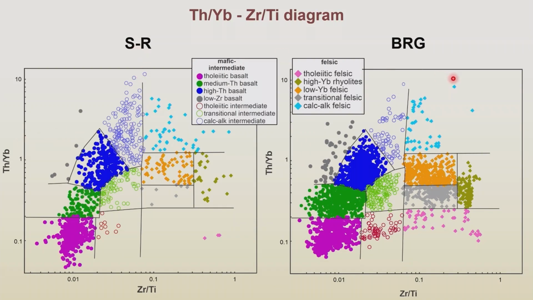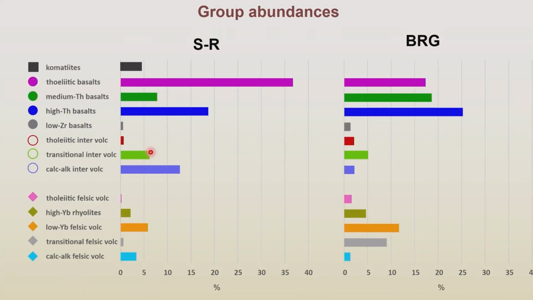You see the data for both the Stoughton-Roquemaure and the Blake River. Filled circles are mafic compositions, non-filled circles are intermediate compositions, and for felsic we have these diamonds. We are going to see details of the groups through the presentations, but let's first see the distributions on each side.